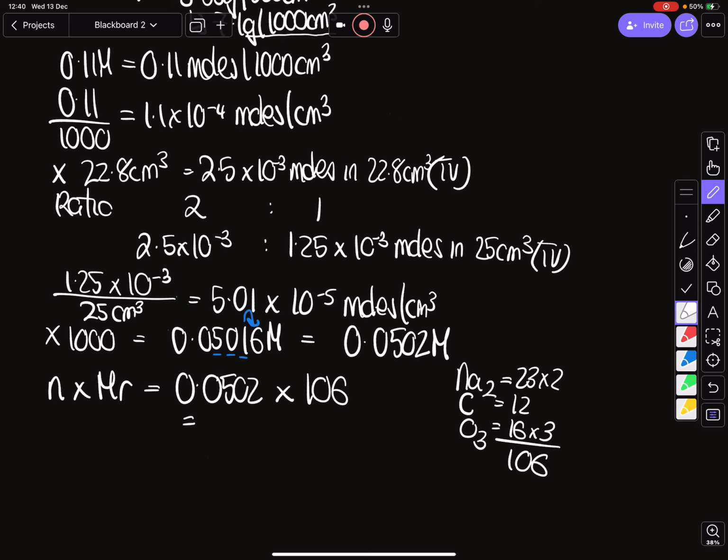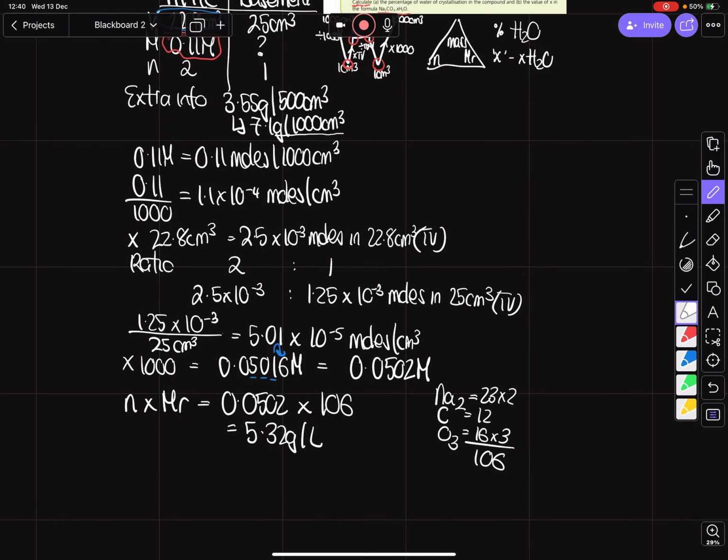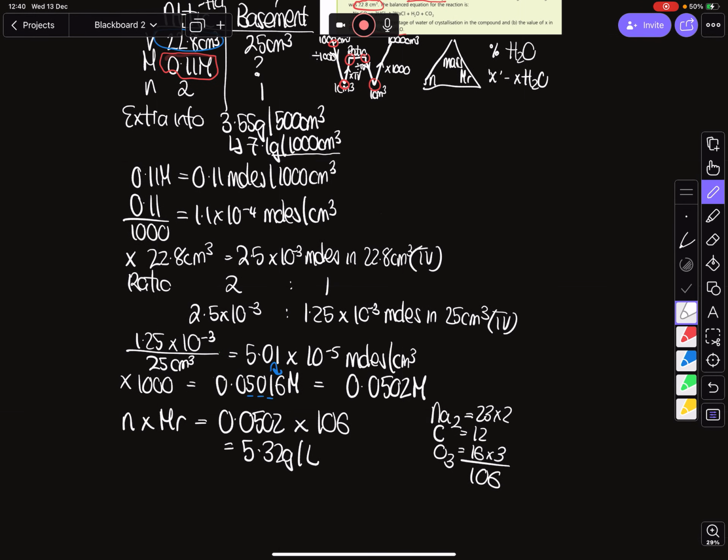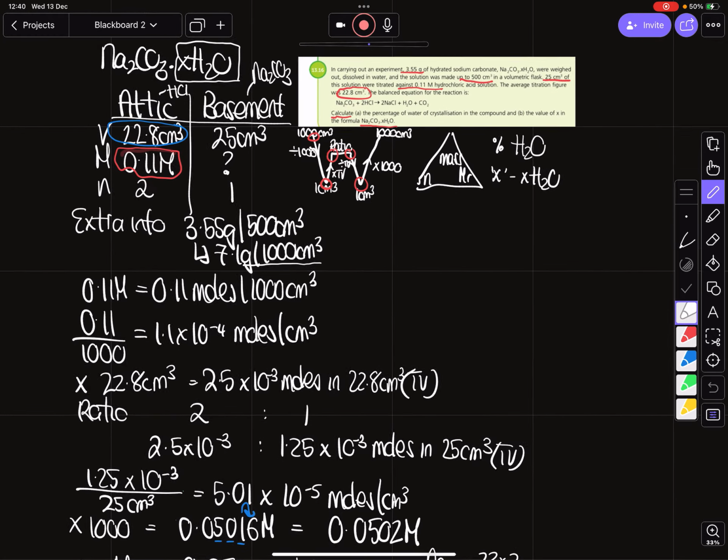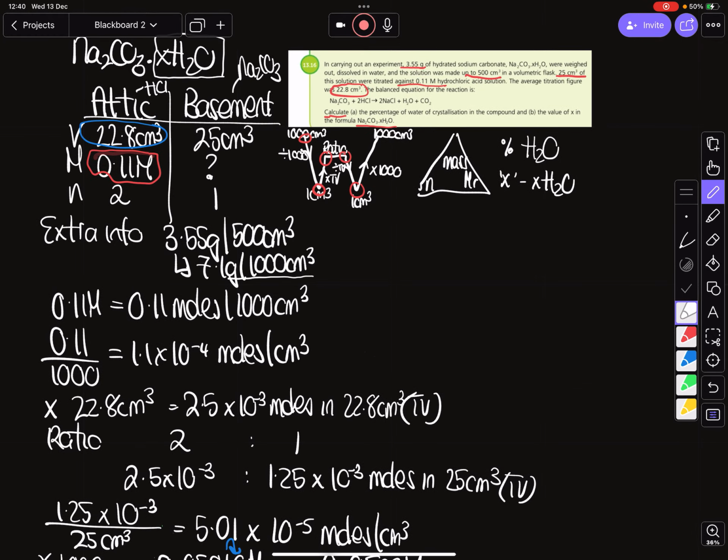So we now multiply by 106, and when I do that, I get 5.32 grams in a litre. Now, I've always said, do your big M calculation, do your grams per litre, and then have a read of our question to see what it is we have to do.